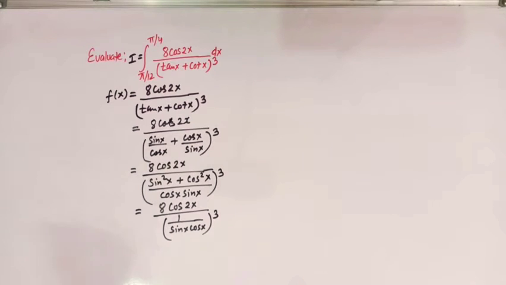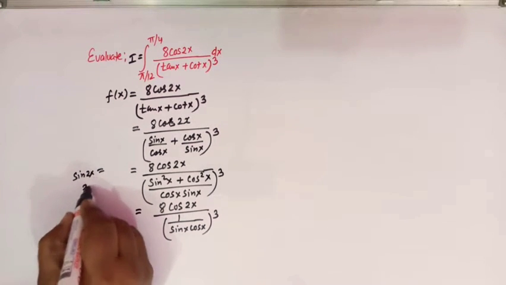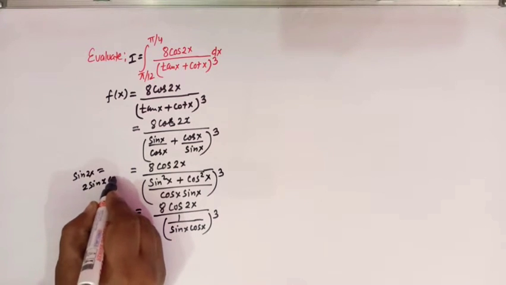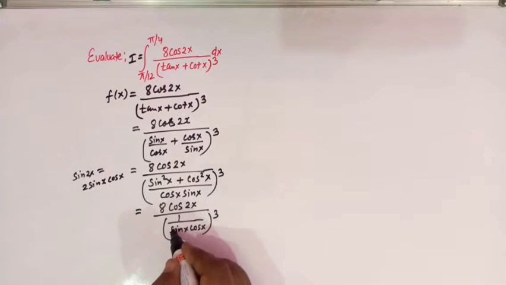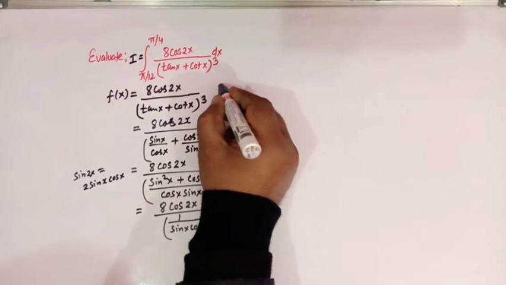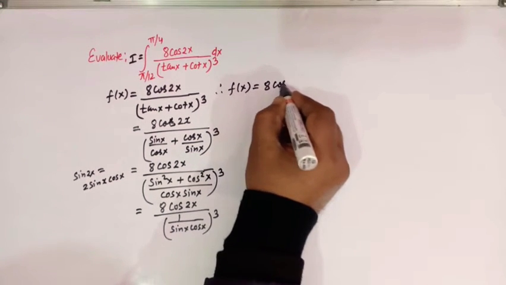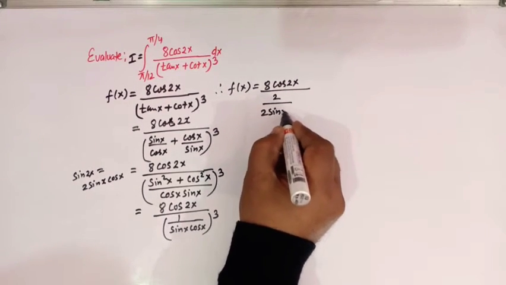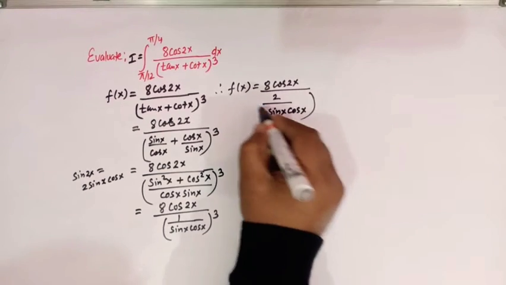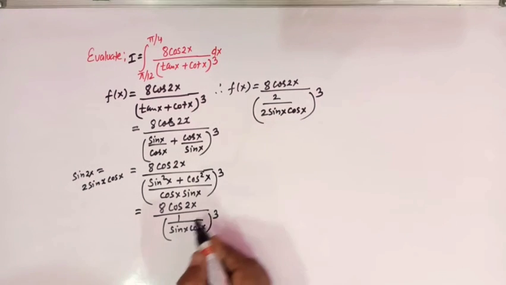Now we know that sin 2x is equal to 2 sin x cos x, so we can multiply and divide by 2 here. So f of x can be written as 8 cos 2x divided by (2 over 2 sin x cos x) whole cube, because this 2 and this 2 get cancelled and we are left with this expression.